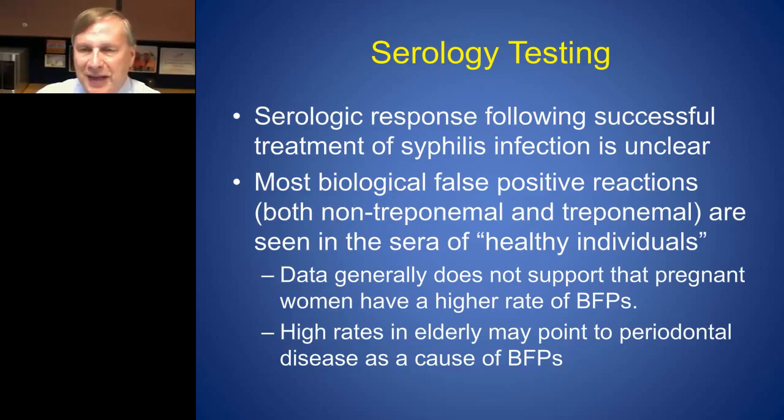No external signs of any disease or infectious disease. And at that time, the clinicians felt that the data did not support that pregnant women have a higher rate of biological false positives. And that's really interesting because I remember all the cases of false positive results that we used to get in pregnant women.